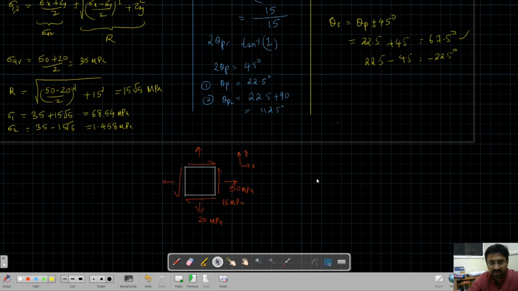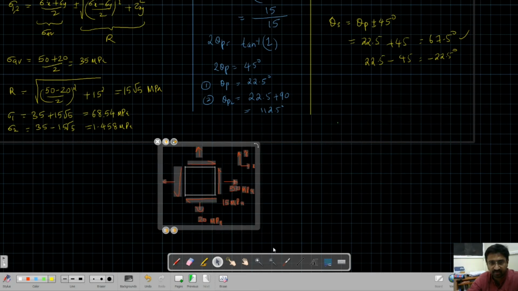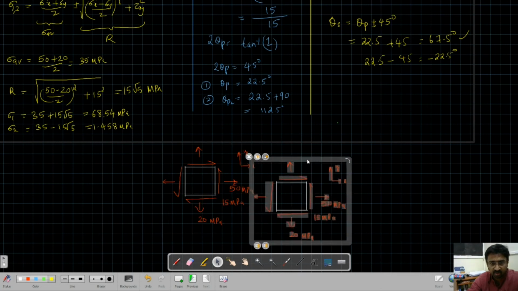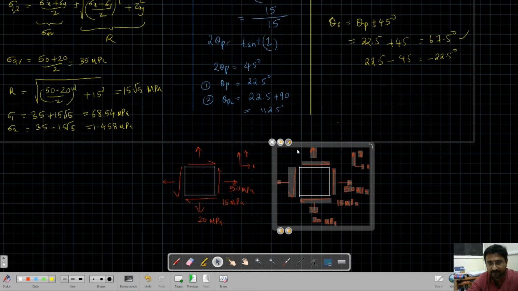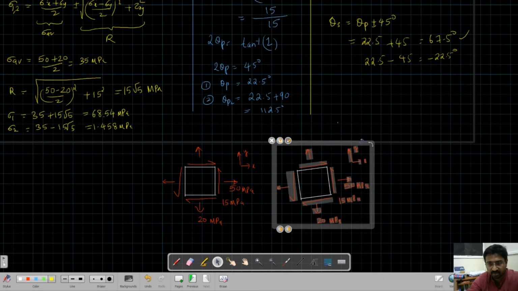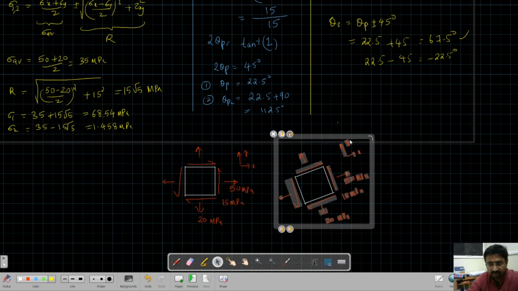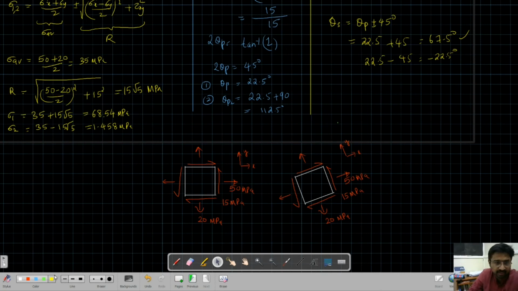So for the principal plane, as I told you, this is the original stress block. Now I have to rotate this by 22.5 degrees. I am doing some approximate rotation. I'll draw a little more realistic.